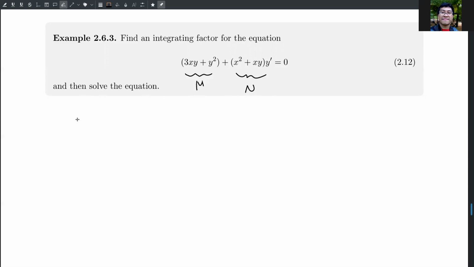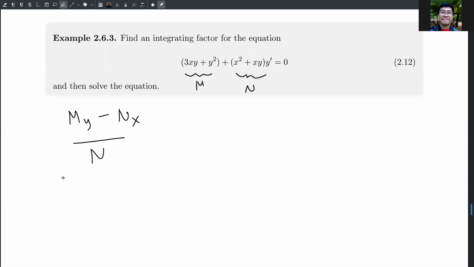So if we want to solve for M sub y and N sub x, (M sub y minus N sub x) over N, if this is dependent only on x, then we can find an integrating factor.